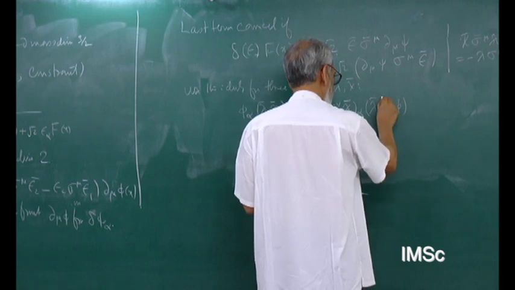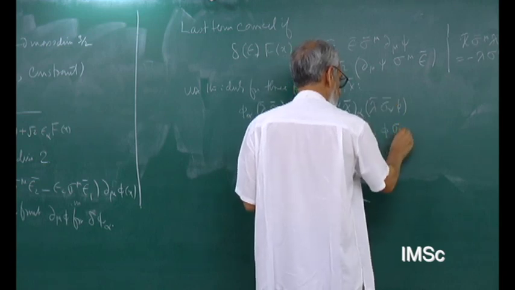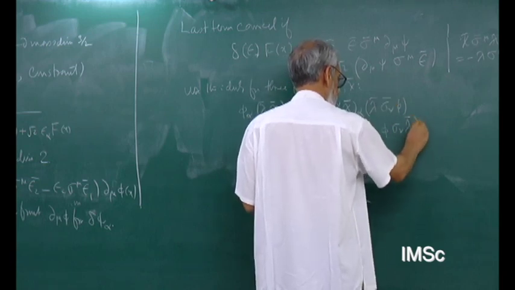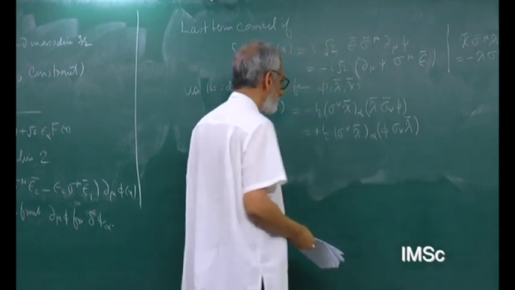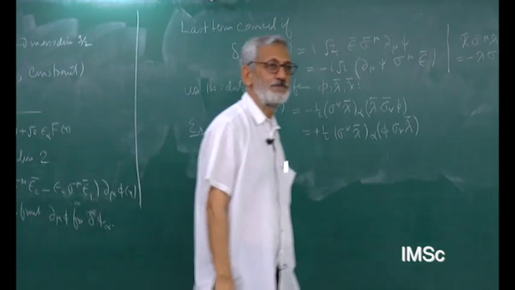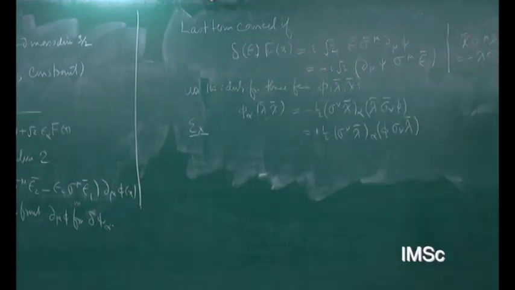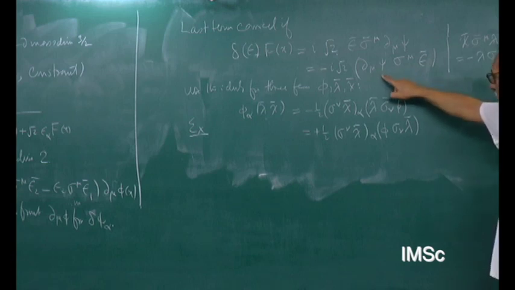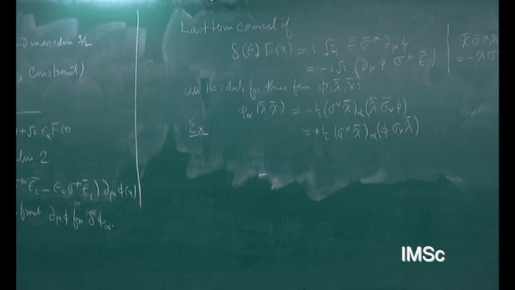One of them should have been barred. This is barred, sigma nu lambda bar. Now that's an exercise. Use this identity and show that you can rewrite this times this as this, and this times this.